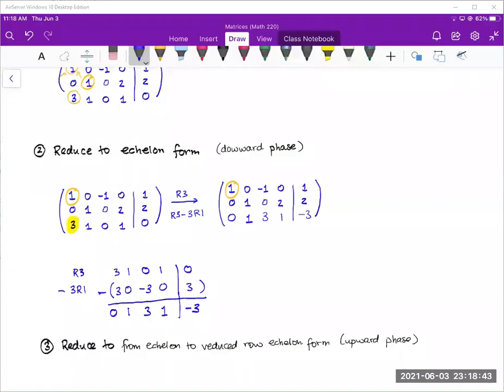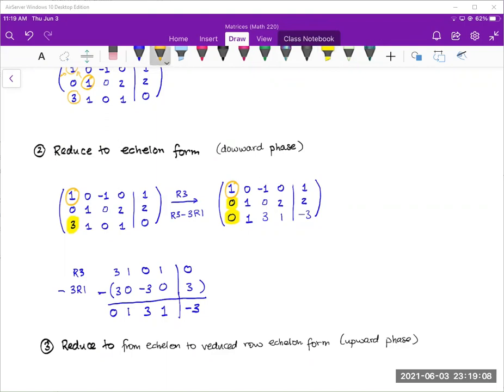I've just recopied it so that the old row 3 was replaced with this result, the row 0, 1, 3, 1, negative 3. Now when we look below our leading term in the first row, we see all zeros. Great. We are good to move on.